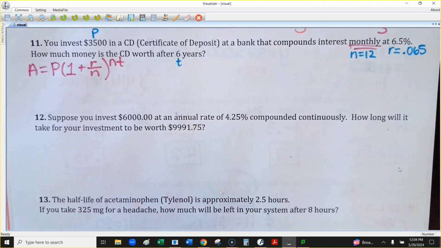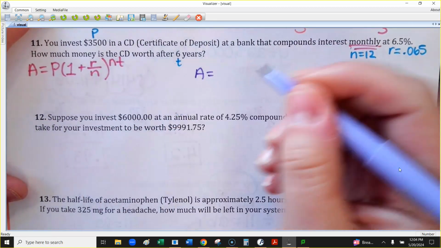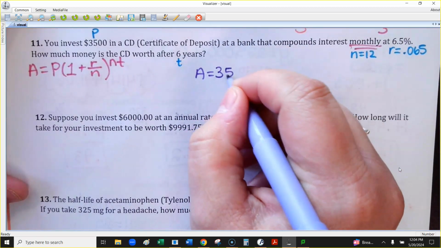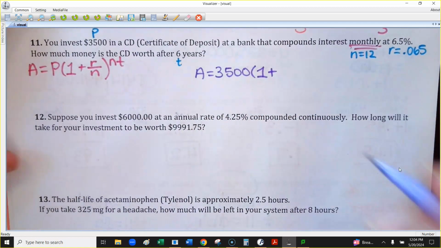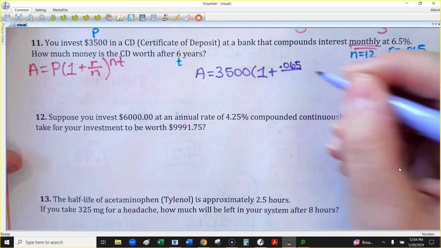So we'll just type this entire thing into the calculator once you set up the equation. So the amount you're going to have, this is money, so I'll just round to 2 decimal places when we get going on this. We're going to do 3,500, 1 plus. Now, my interest rate here is 6.5%, so we got to put it in as a decimal, so 0.065.